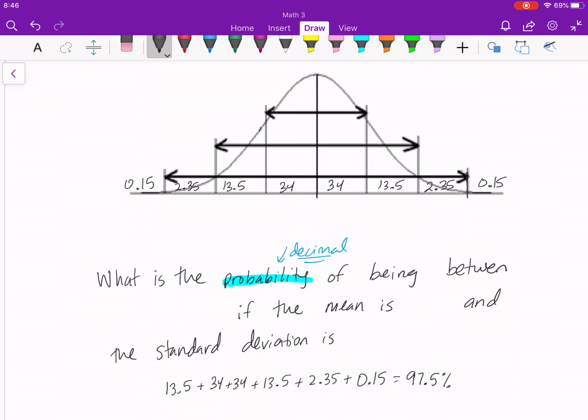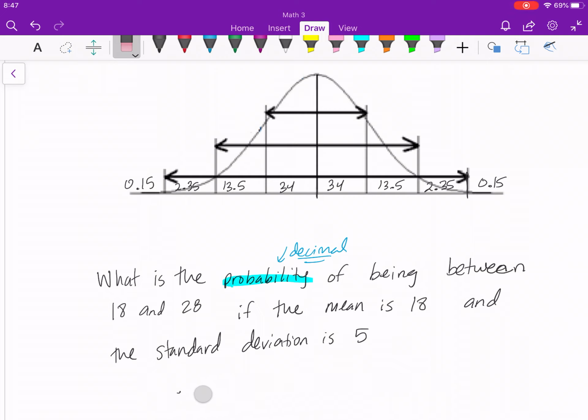So let's have a mean of, let's say it's 18 this time, a standard deviation of 5, and then we'll go ahead and go between 18 and 28. Seems fun.